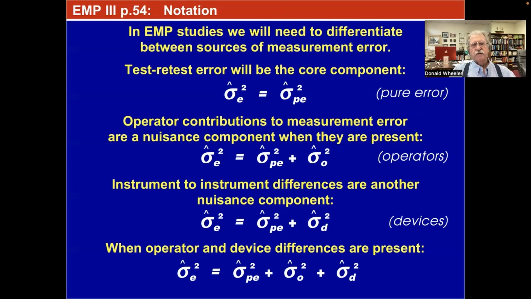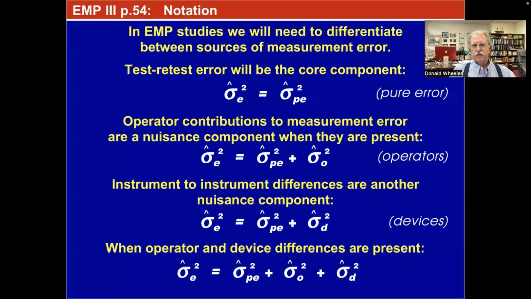Now, operator contributions to measurement error are a nuisance component when they are present. So you might have a component of measurement error, sigma squared sub O, that represents the effect of the different operators. Instrument-to-instrument differences are another nuisance component.